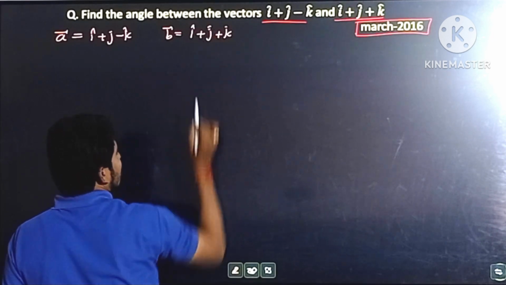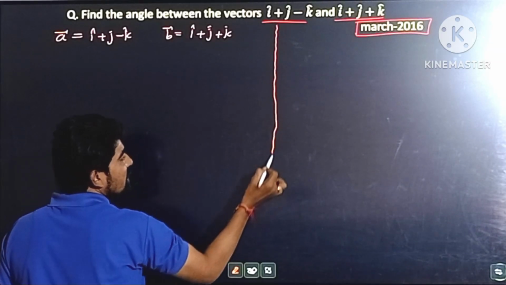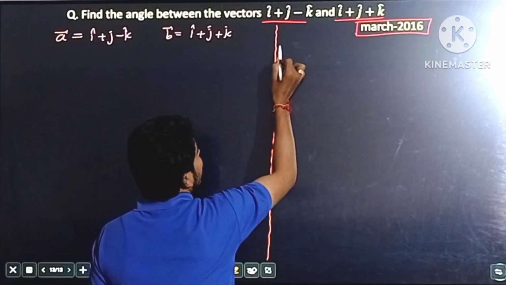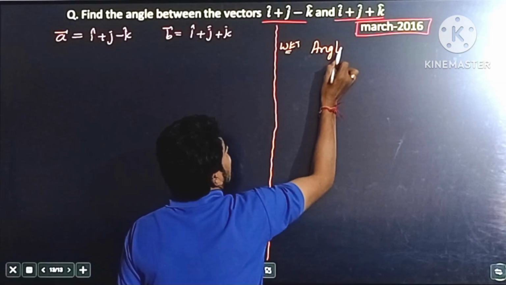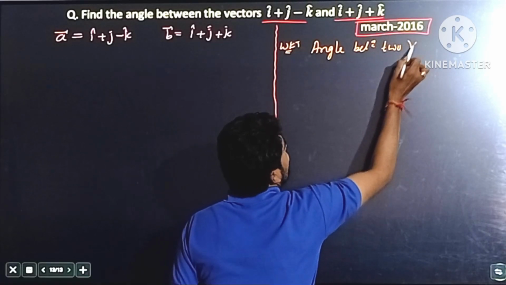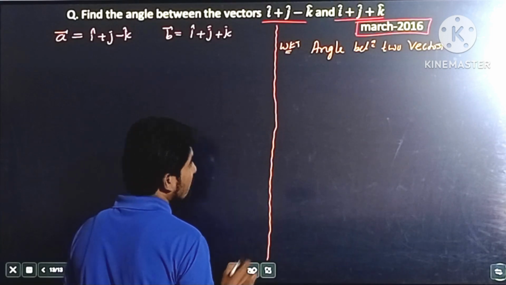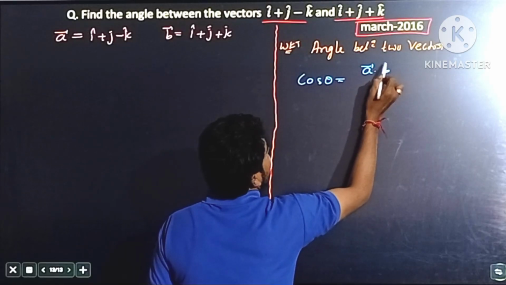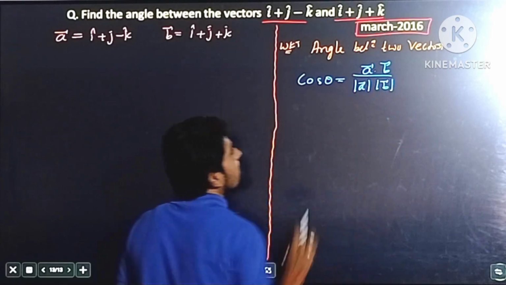We know the formula to find the angle between two vectors. That is, cos theta is equal to A vector dot B vector divided by magnitude of A vector into magnitude of B vector.